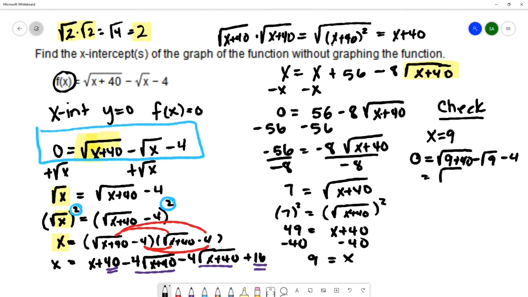That's the square root of 49. The square root of 9 is 3. The square root of 49 is 7. And negative 3 minus 4 is negative 7. And 7 minus 7 is 0. So 9 is a solution to this equation, and that's also the x-intercept of this function.